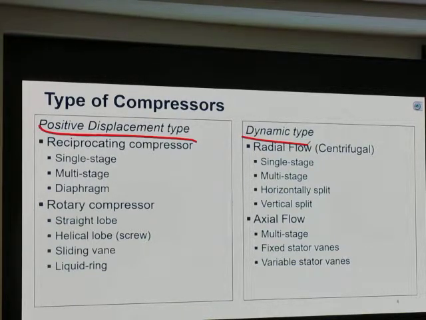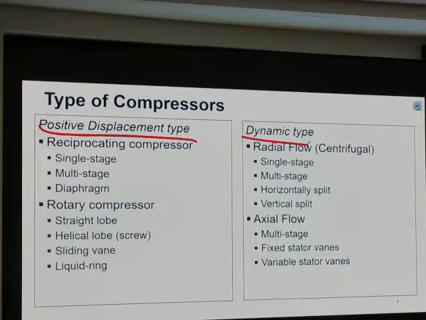That is positive displacement type. Mechanically reduce the volume to increase the pressure. Okay. Rotary compressors have straight lobe, helical lobe, sliding vane that you will see shortly. So that uses mechanical force to compress it. We call it positive displacement type.